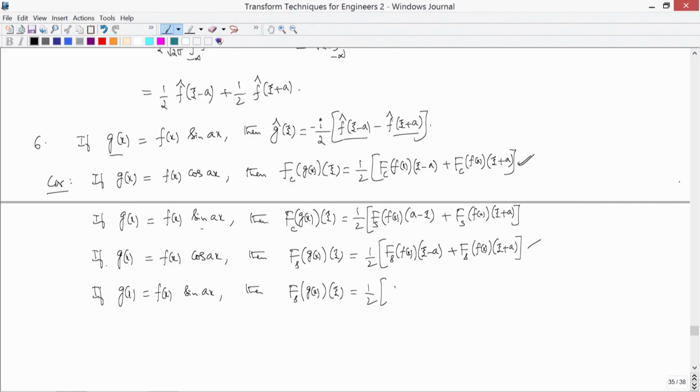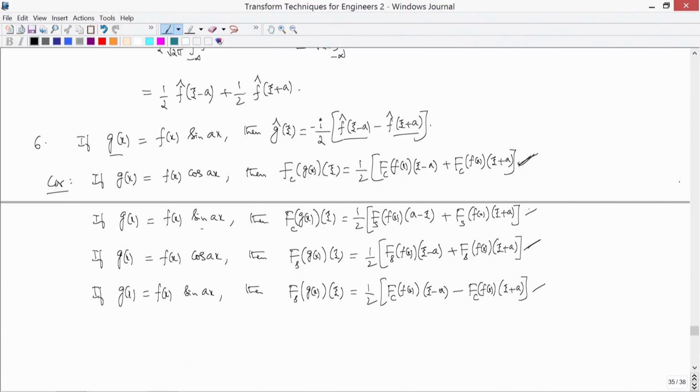And when you multiply f(x) cos ax, the Fourier sine transform will be in terms of Fourier sine transforms, but when you multiply by sin ax, the Fourier sine transform of g of x will be half times the Fourier cosine transform of f(x) at xi minus a minus the Fourier cosine transform of f(x) at xi plus a. So, this is what you have to verify.